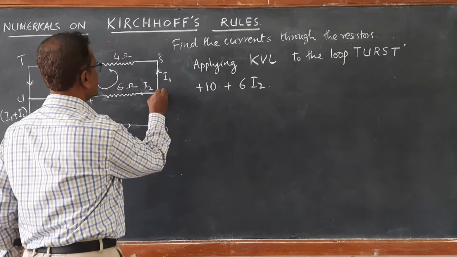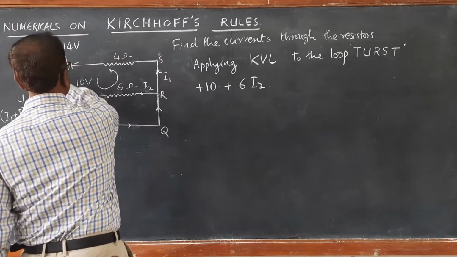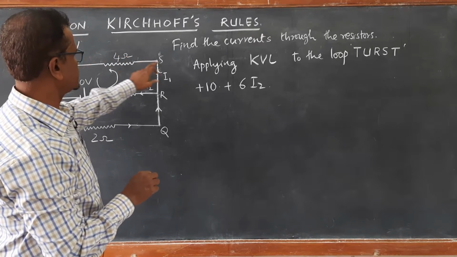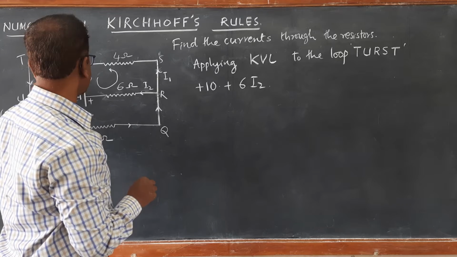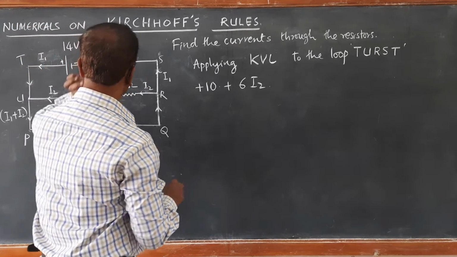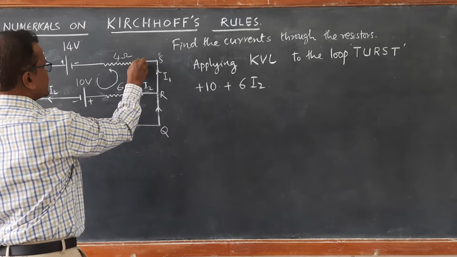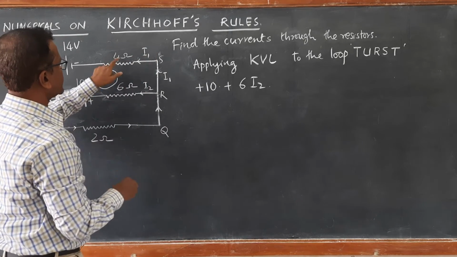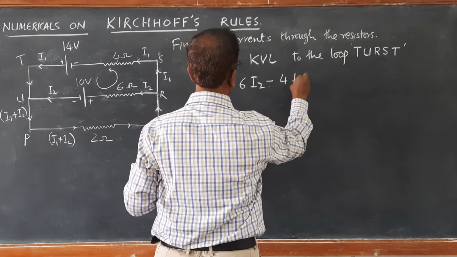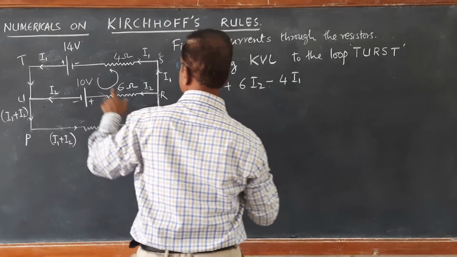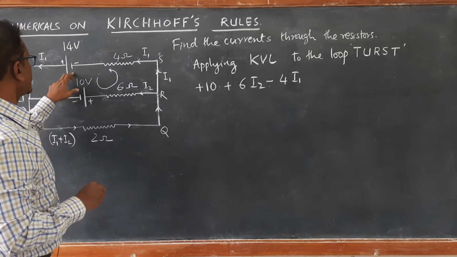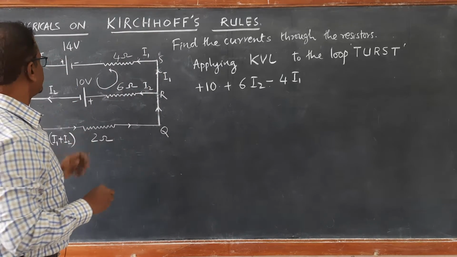Now, when you move from R to S, S to T, there is a drop of potential. S is at a higher potential, T is at a lower potential. So there is a decrease in potential. So the current which we have chosen here is I1. So the IR product is minus 4 I1, and here it is minus 14.